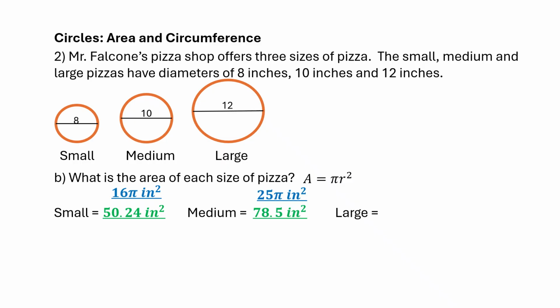Multiply it out, there's your area for your medium pizza. And for the large, diameter is 12, divided by 2 gives you 6. 6 squared is 36 pi. Multiply it out, and there's your area for your large pizza. Let's move on.